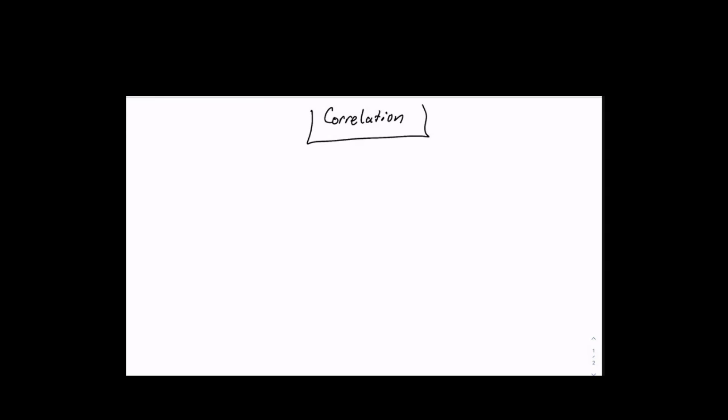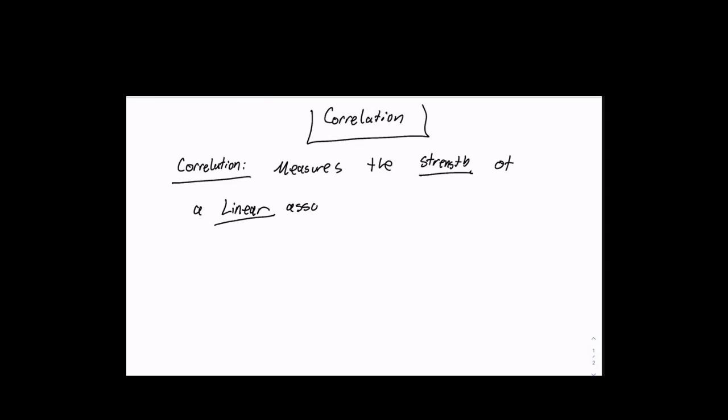So correlation measures the strength of a, and this is big, linear association.